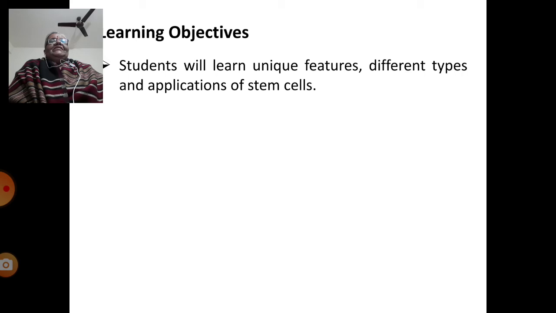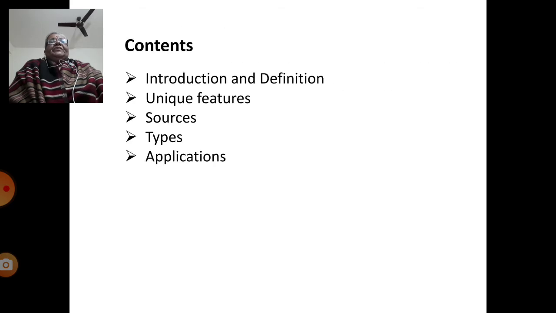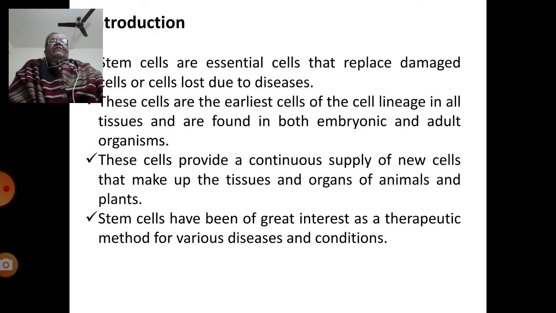Then in this class you will be learning about the definition, properties of stem cells, different types and applications, and once we are done with the class you will become familiar with all these concepts. Now, these stem cells are essential cells which replace the damaged cells or cells that are lost due to diseases.